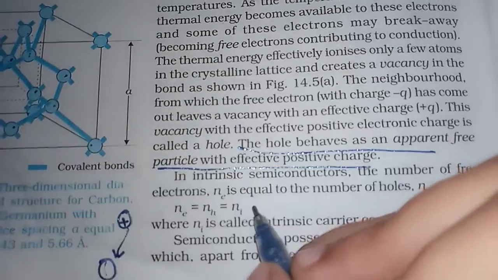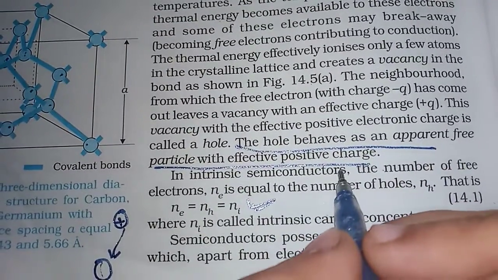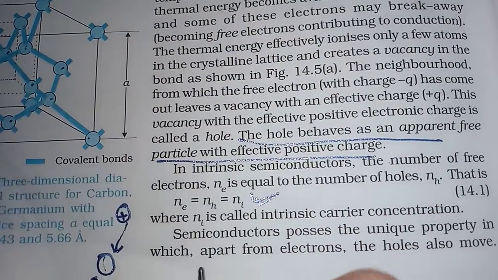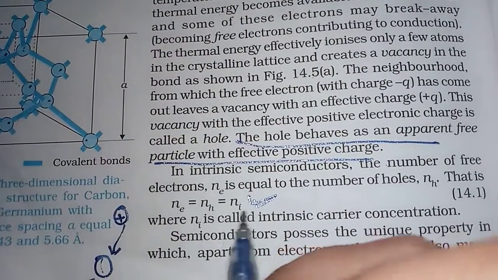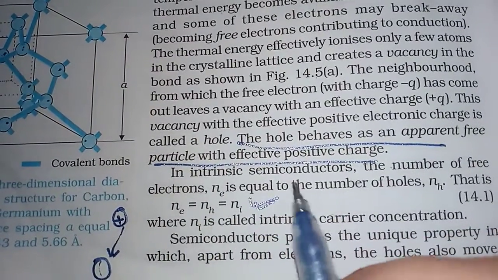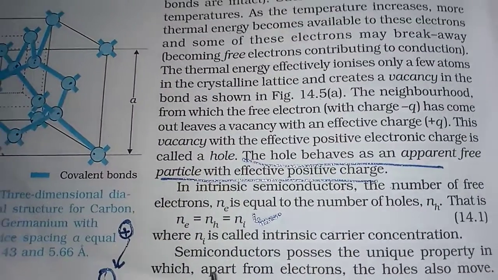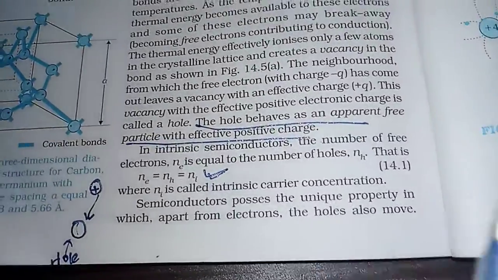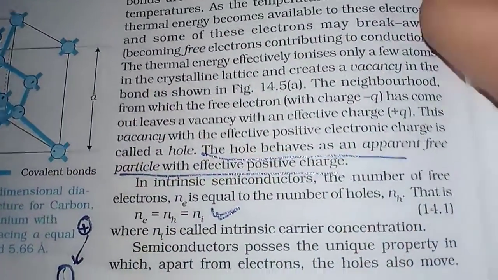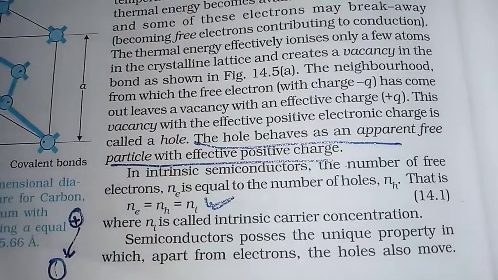You have learned this formula: in the intrinsic semiconductor, the number of electrons is equal to the number of holes, and Ni is the intrinsic carrier concentration. So Ne equals Nh equals Ni, and the semiconductor has a unique property, meaning that apart from the electrons, the holes can also move.